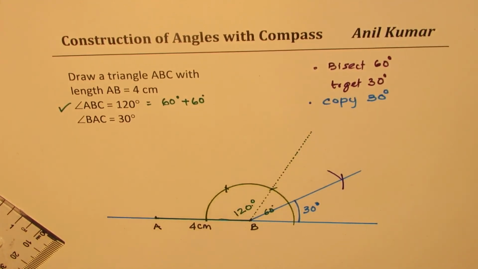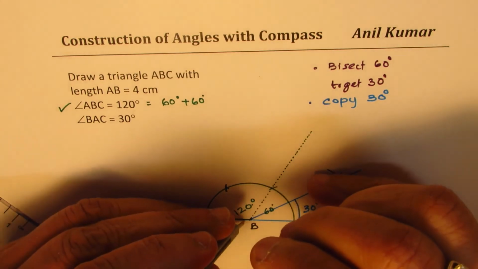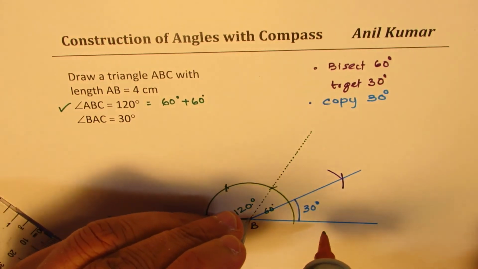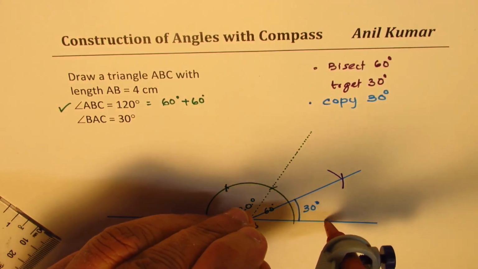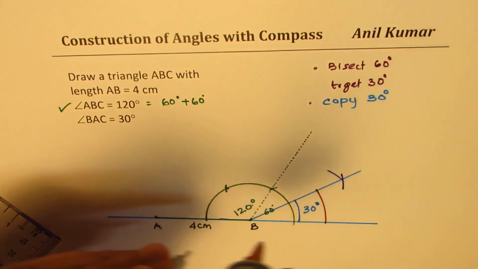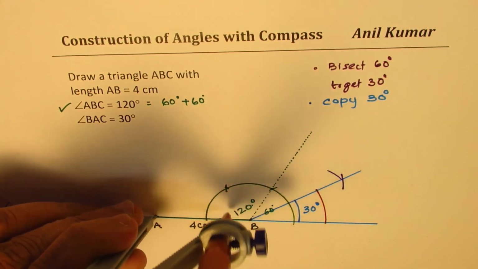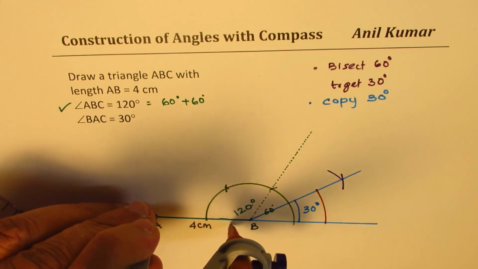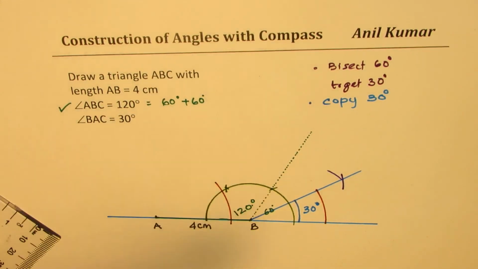So to copy, what should we do? Well, what we are going to do here is to make some arcs. We'll make an arc using some length. Let's say we make this arc from B, and a similar arc from A, like this.